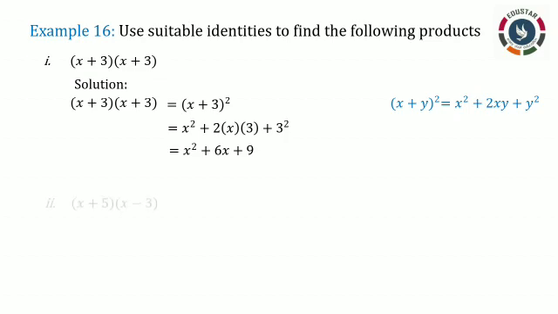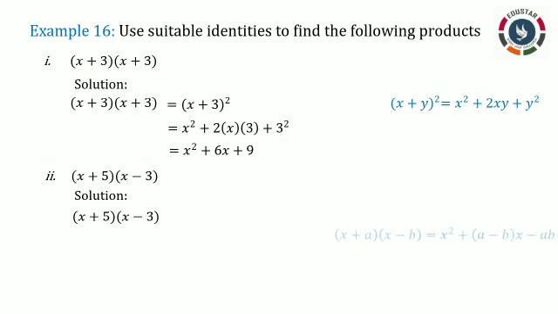And our next question is x plus 5 into x minus 3. So, this is of the form x plus a into x minus b. So, which identity we have to use here? Identity 4. So, what is our fourth identity? X plus a into x minus b is equal to x square plus (a minus b) into x minus ab.